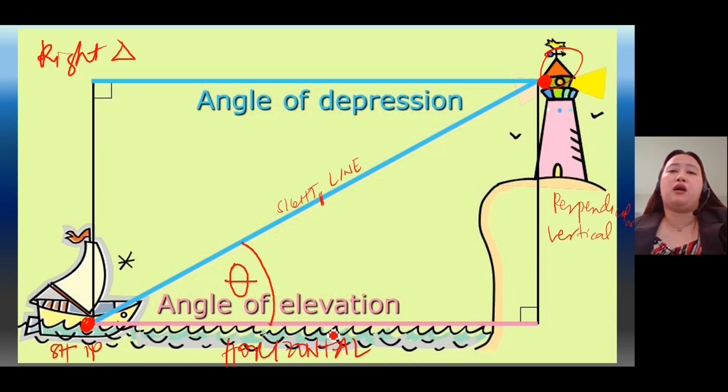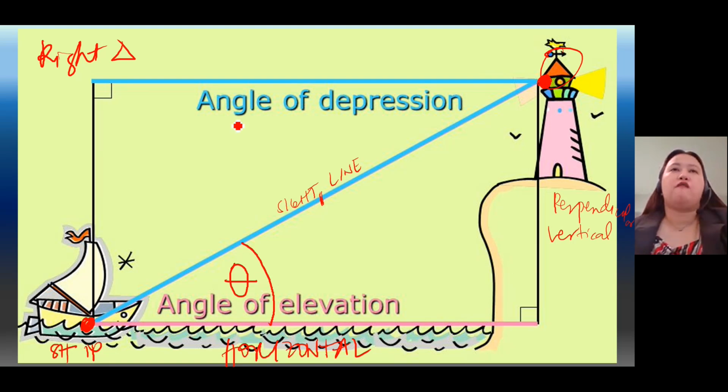We have the horizontal, and you would notice that the horizontal is beside the angle of elevation. The angle of elevation is where you are, for example, if you're in the ship. And the perpendicular is from the object that you can see towards the horizontal.